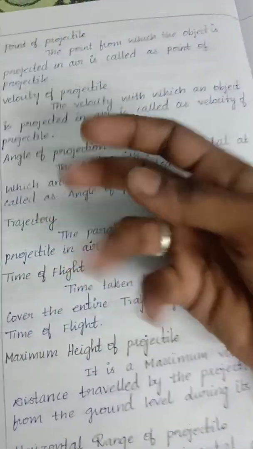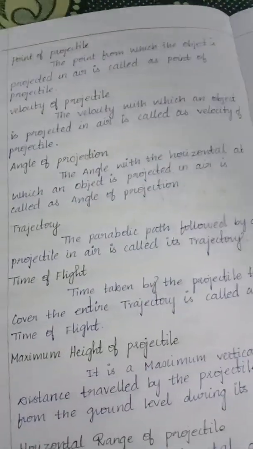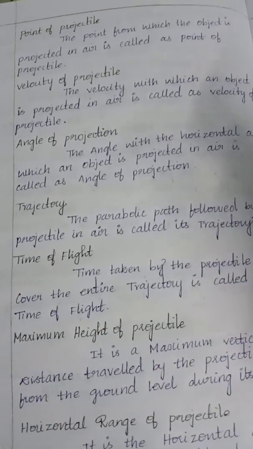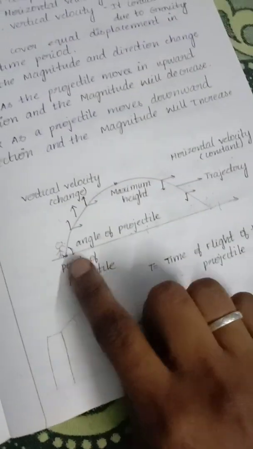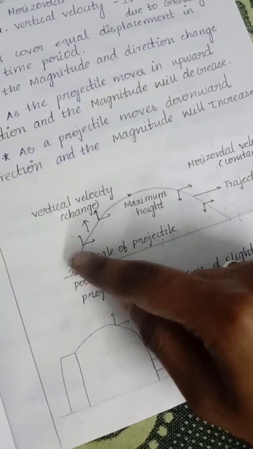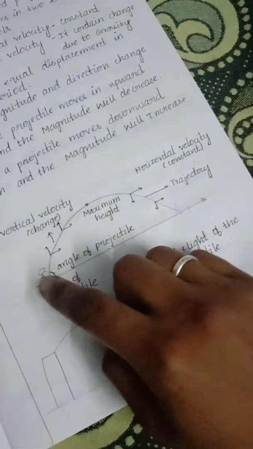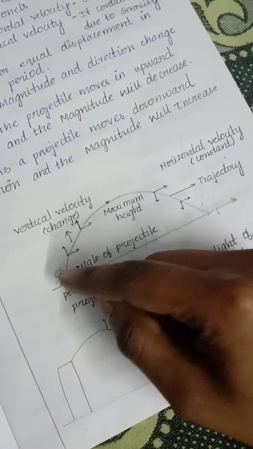If we give some velocity to the stone to travel from a person's hand to some distance, that initial velocity is called the velocity of projection. Then the angle of projection: from the ground to the person's hand it makes some angle, and this is the angle of projection. And trajectory, we already know, is the path covered by the stone.